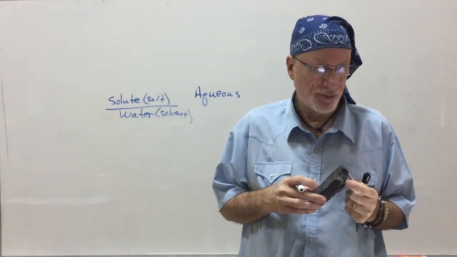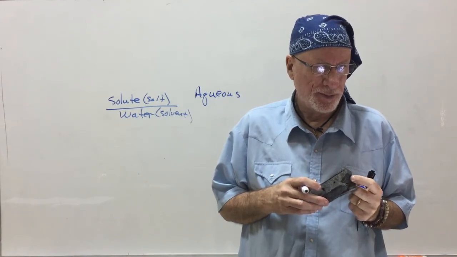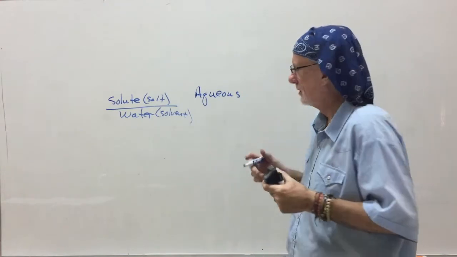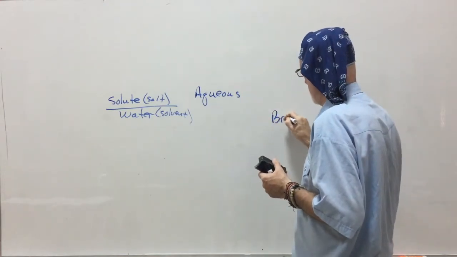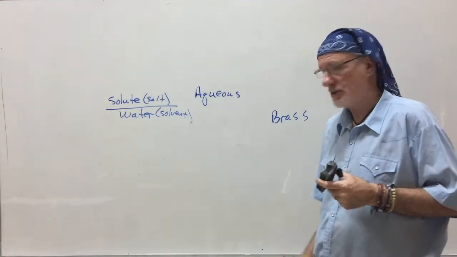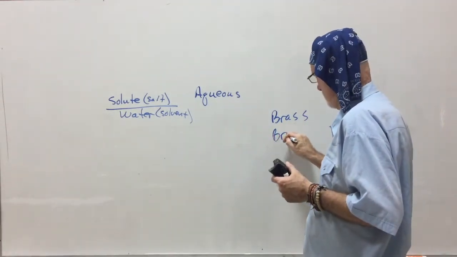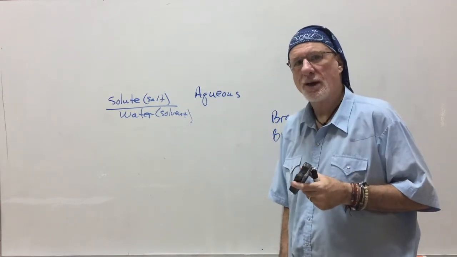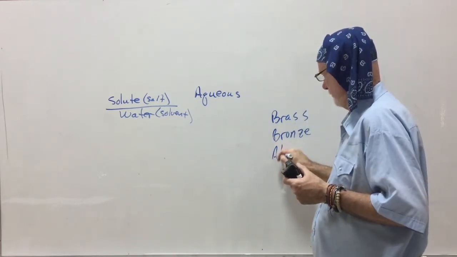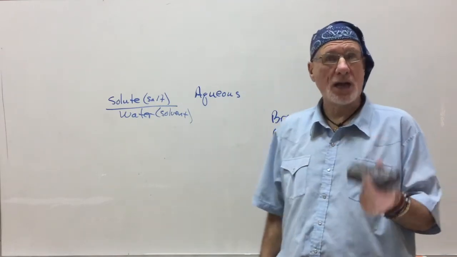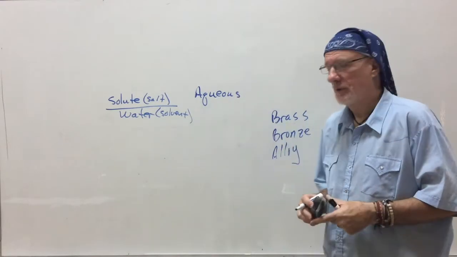You can have different types of solutions. You can have a solid solution. For instance, brass. Look up the word brass. That's a solid solution. Look up the word bronze. Look up the word alloy. That's a solid solution.